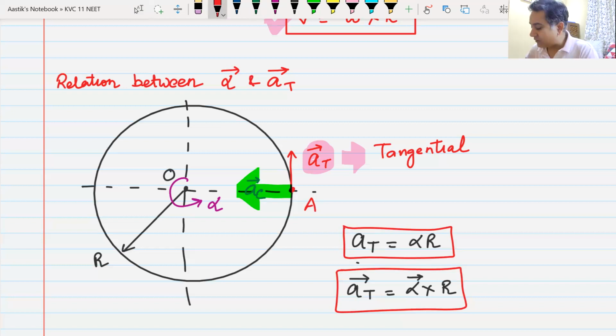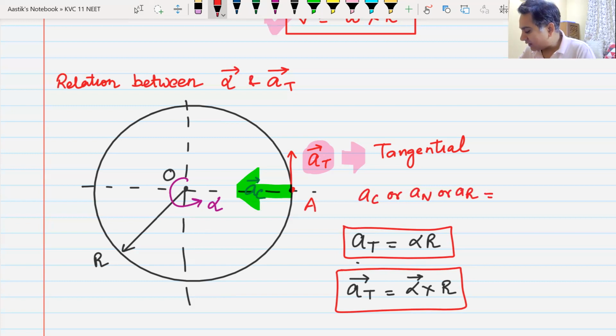So you note the formula for that. AC, some people also call it AN or AR. AC means centripetal acceleration. The other name is AN, normal acceleration. The third name is AR, radial acceleration. All of them mean the same thing. It is towards the center.